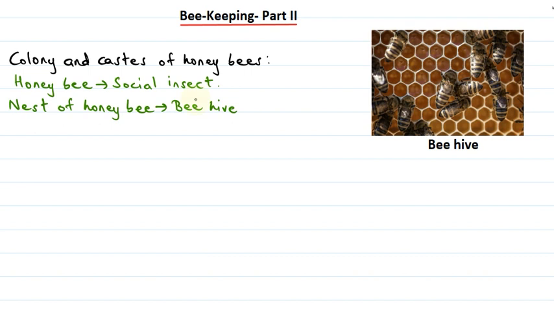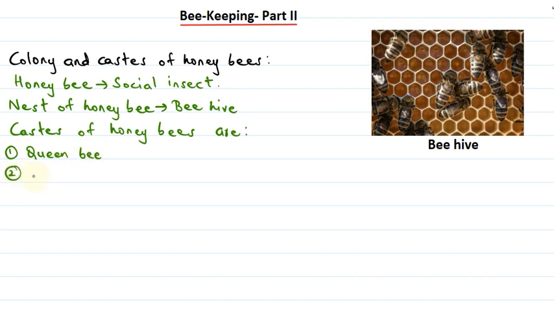In summer the hive consists of 32 to 50,000 individuals depending on the locality. Now the members or castes of honeybees are, what are they? One is the queen bee, second is the worker bee, and third is the drone bee.